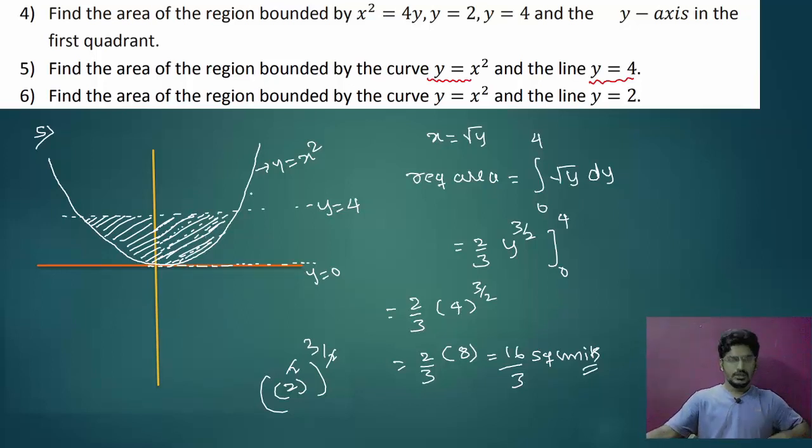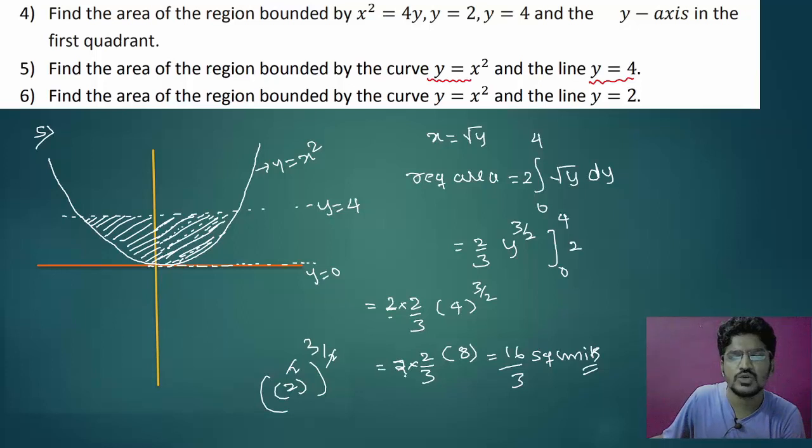For this reason, the required area will be 2 times, 2 multiplied with 2 and 16 multiplied with 2, that is 32 by 3 square units.